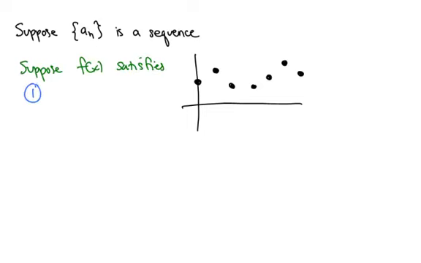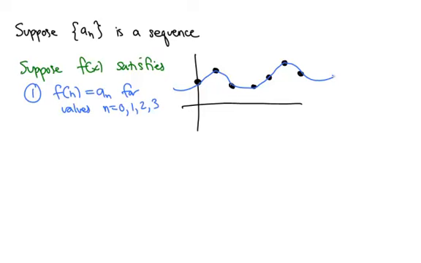Property number one, f of n is equal to a of n for the values n equals 0, 1, 2, 3. So in other words, f is some kind of a function, and whatever its curve looks like, it manages to pass through each one of these dots.